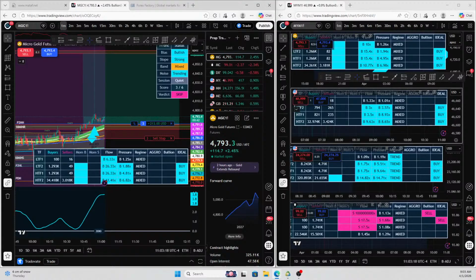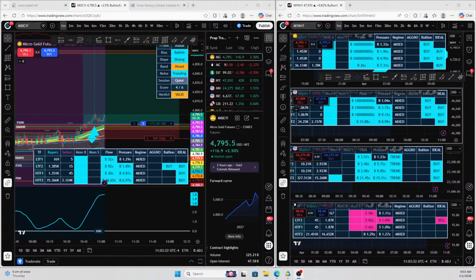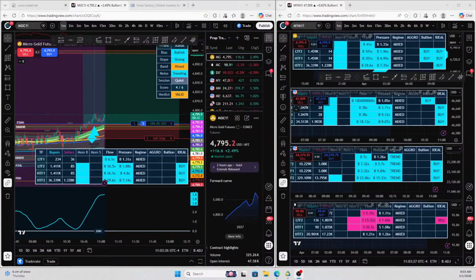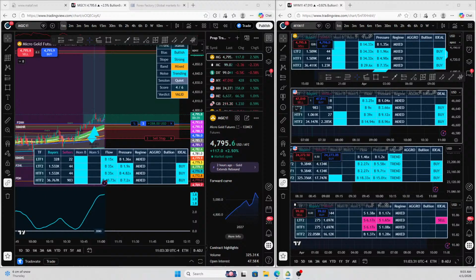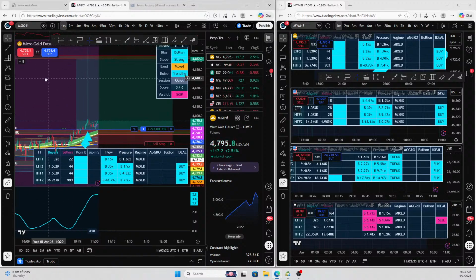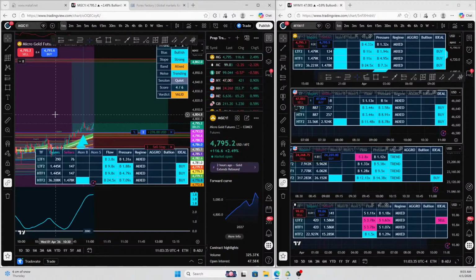Let's wait. We were seeing bullishness in price being supported. Yeah, we're going to hold the trade up to this level, up to 4862.